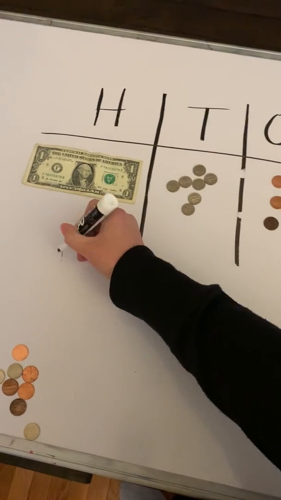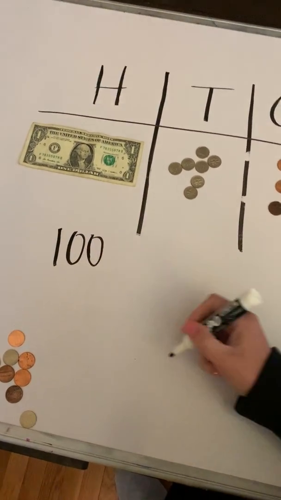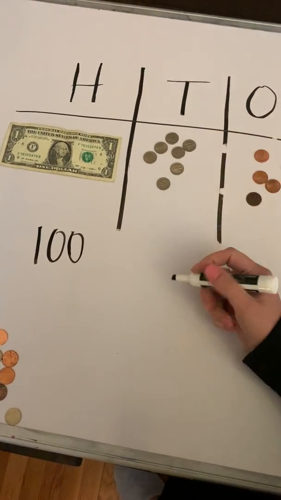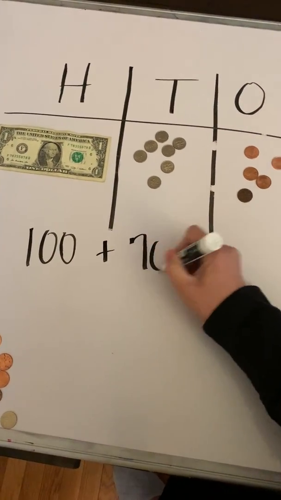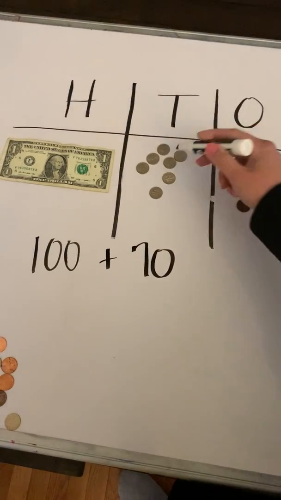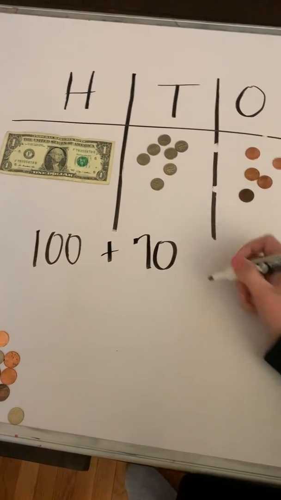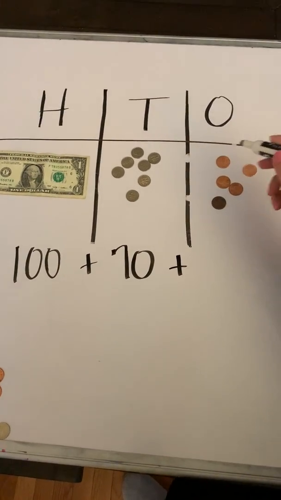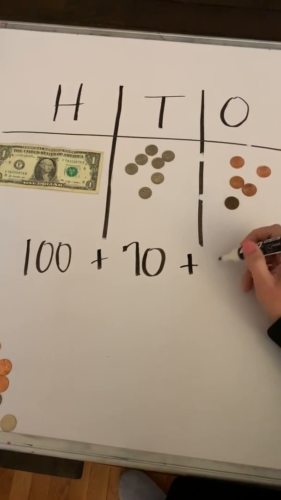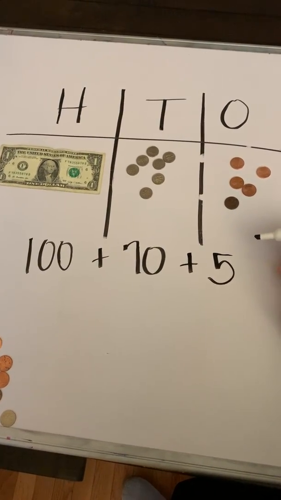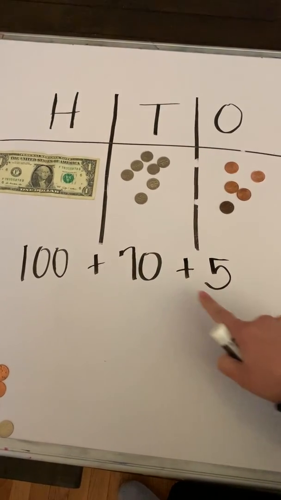100, right? 1, 2, 3, 4, 5, 6, 7 dimes, which is 70 cents. 10, 20, 30, 40, 50, 60, 70, because those are dimes, plus 1, 2, 3, 4, 5. What's 100 plus 70 plus 5? Remember expanded form?